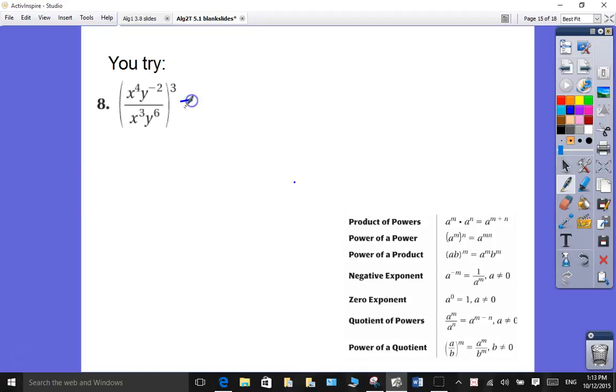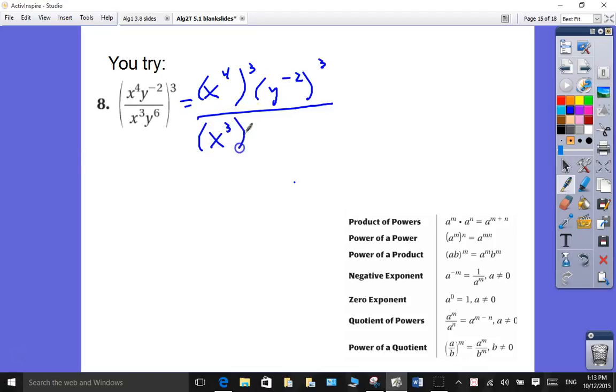Right, if I do it the other way, it'll look like this. X to the 4th to the 3rd, y to the negative 2 to the 3rd, that x to the 3rd to the 3rd, and y to the 6th to the 3rd, which is x to the 12th, y to the negative 6th, divided by x to the 9th, and y to the 18th.